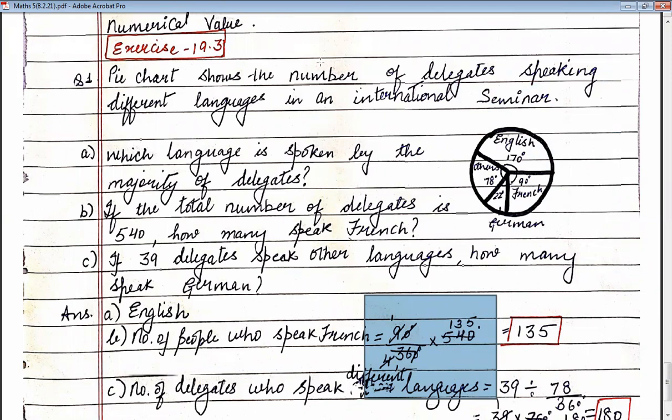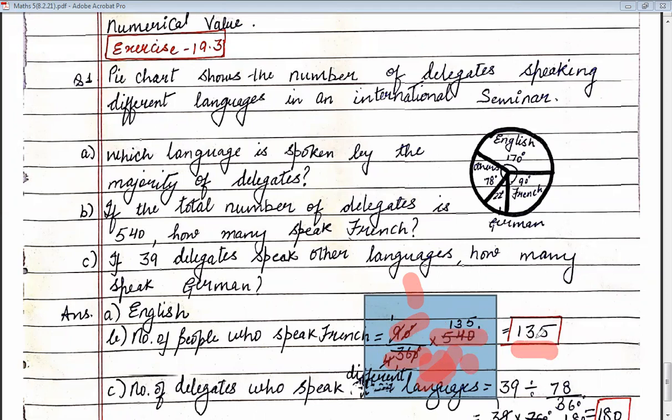So now children, you have to cancel and convert it into lowest form. Now 90 and 360 you can cancel first. 9 ones are 90 and 9 fours are 360. Now you can cancel 4 and 540 also. 4 ones are 4 and 4 135s are 540.